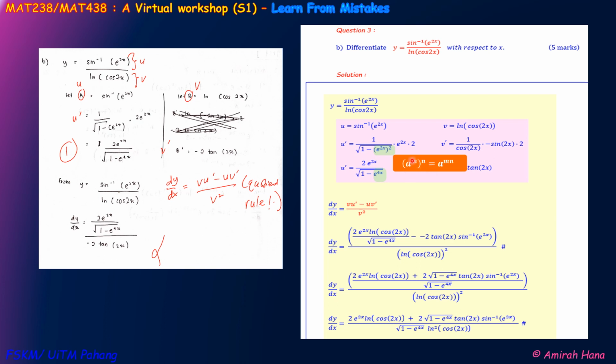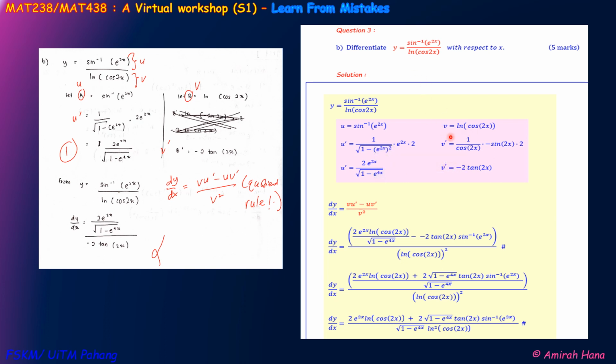Kita buat apa? Kita darabkan dia punya kuasa. Jadi, untuk yang ni, kalau kita darabkan 2x, okay, 2x times 2 equals to 4x. Okay, guna formula yang ni. Okay. Sebab itulah kita dapat e to the power of 2x bracket square equals to e to the power of 4x using properties of indices. Alright.